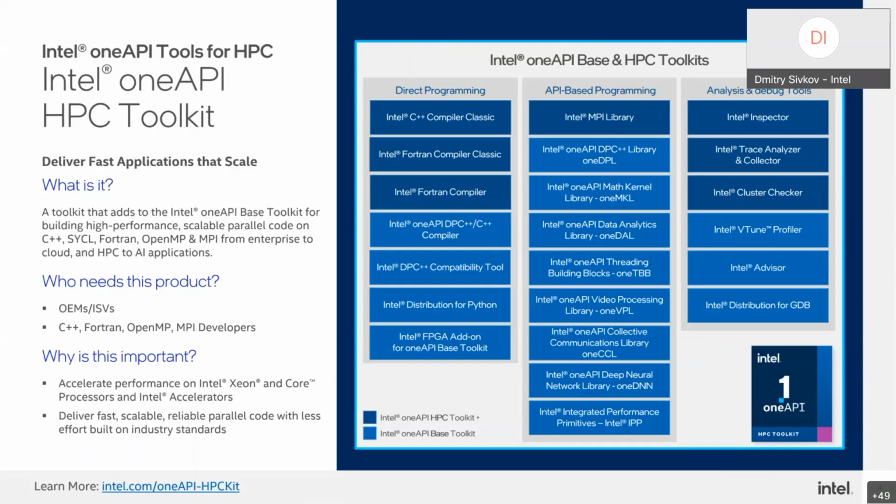For libraries, we have the Intel MPI library, and it is a key ingredient of the HPC toolkit. And most of the time in this talk will be dedicated to the Intel MPI library and how to use it with Intel GPUs.